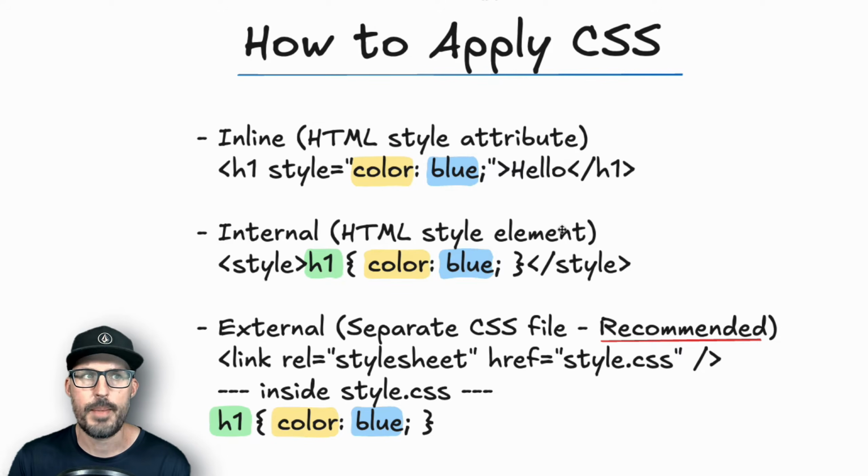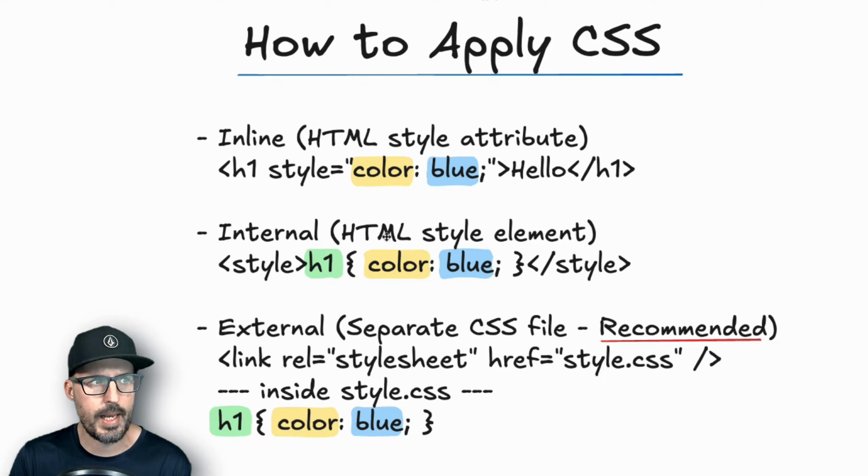Now there's a separate concept called internal CSS, which is an HTML style element that you can place at the top of your HTML file, and then you can put all of your styles within that element. This isn't really recommended because those styles will only apply to that one specific page. Typically what you'll see is an external CSS file, which is the third bullet point down here at the bottom.